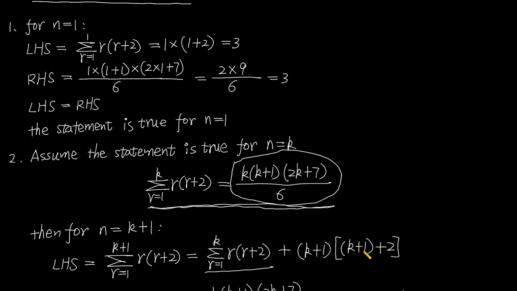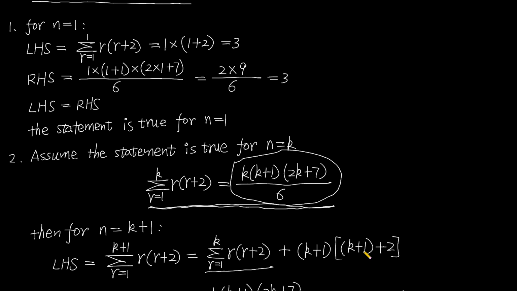Now we can check the logic behind the principle of mathematical induction. We showed that for n equals 1, the statement is true. And we also showed that if we assume the statement is true for n equals k, then it is true for n equals k plus 1. So if it is true for n equals 1, then it is true for n equals 2. If it is true for n equals 2, then it is true for n equals 3.